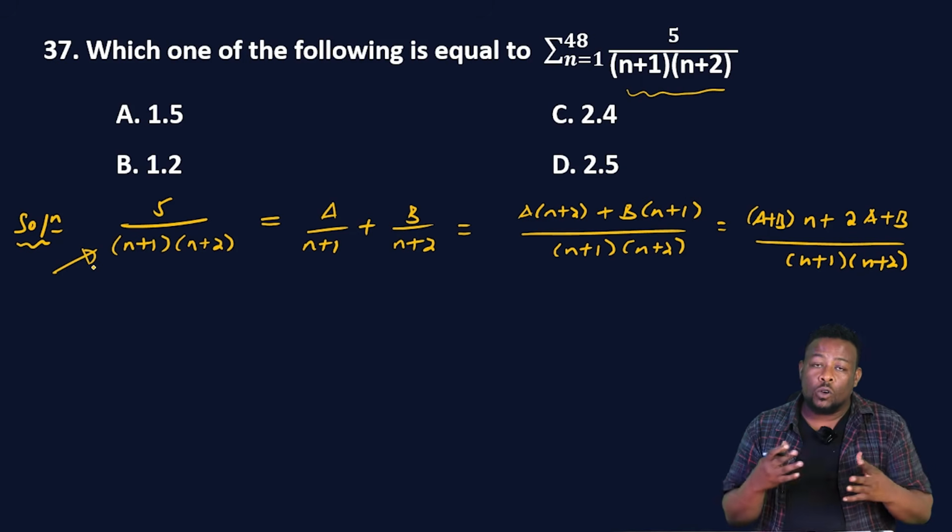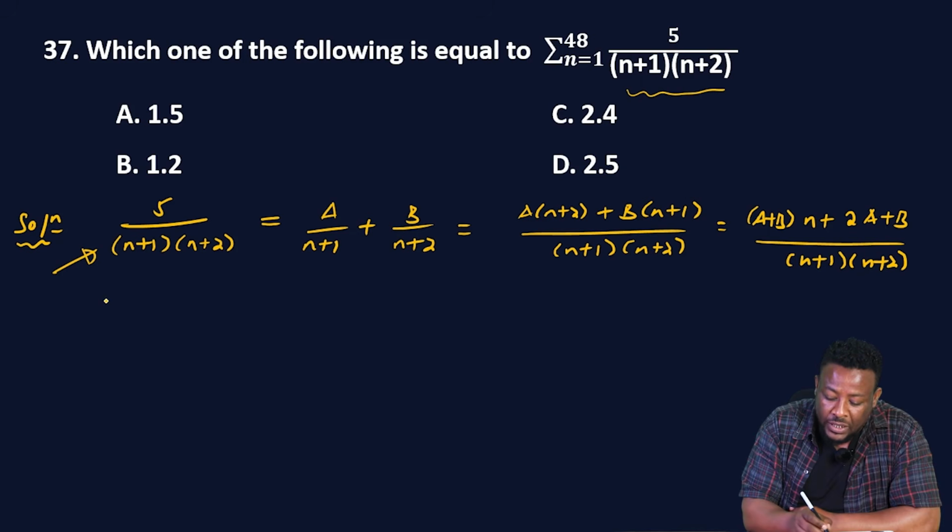Okay, ይህንን comparison ተጠቅመን from this we get that a plus b is 0 and 2a plus b is 5.